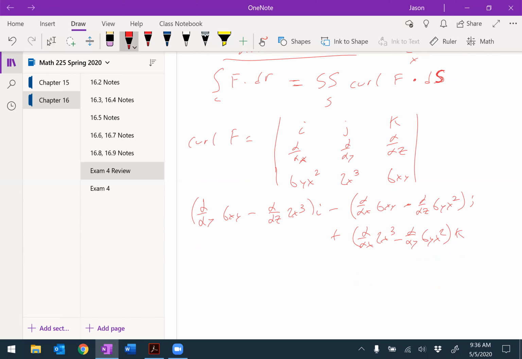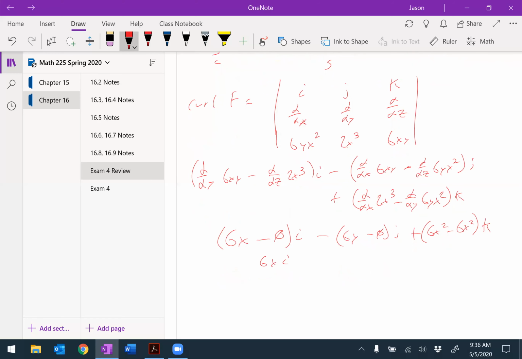So d/dy of this is going to be 6x minus 0 i, minus, this is going to be 6y minus 0j. Plus, this is going to be 6x squared minus, this is also going to be 6x squared, d/dy of this is 6x squared k. And so I'm just left with 6x i minus 6y j plus 0k.